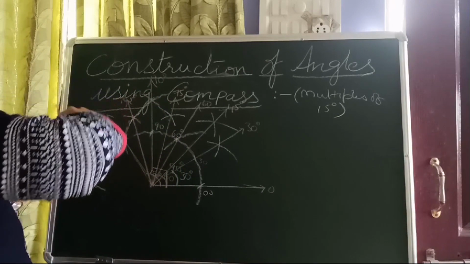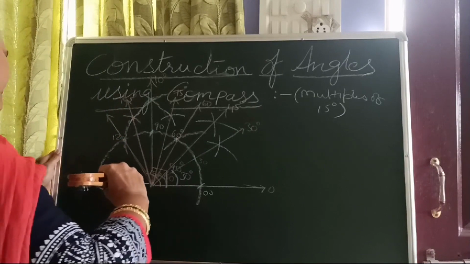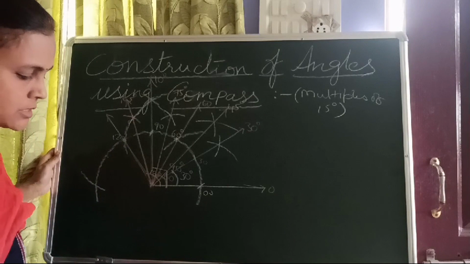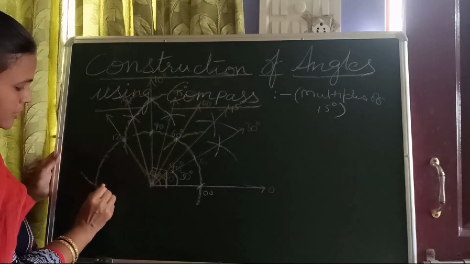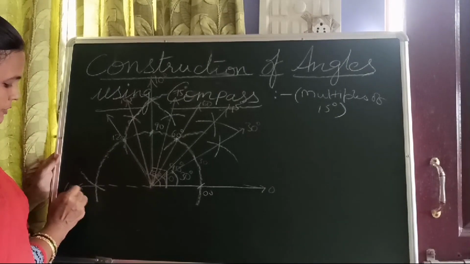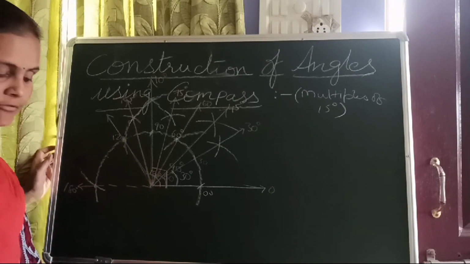Where the first arc and this arc meet, that is 180. If you join this one with this, this is 180. The gap exactly between 120 and 180 gives you 150.